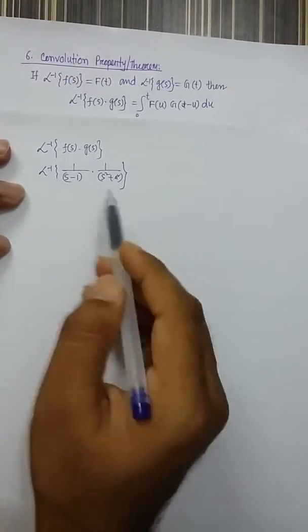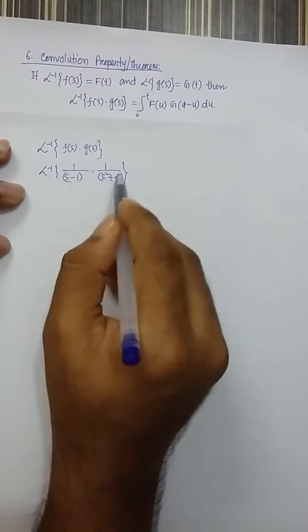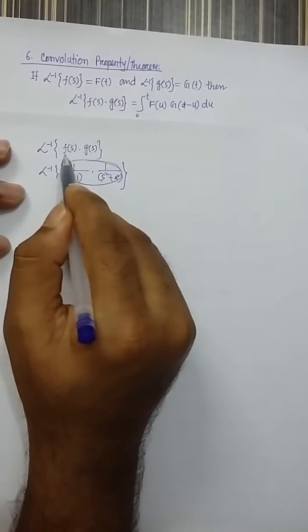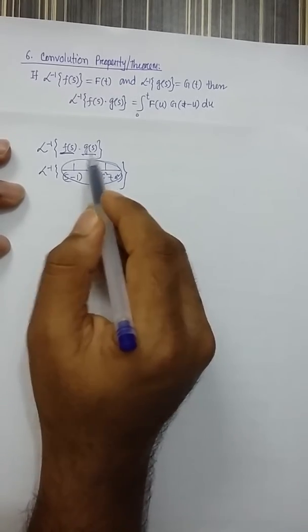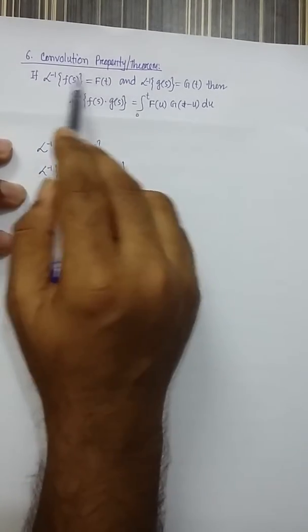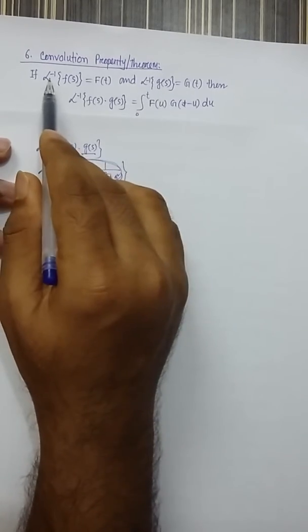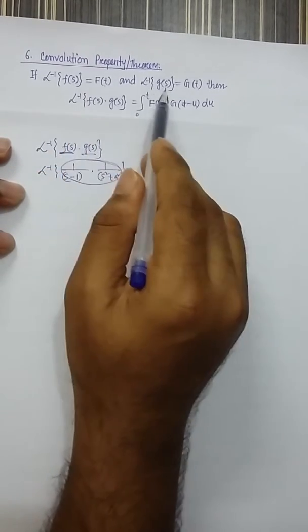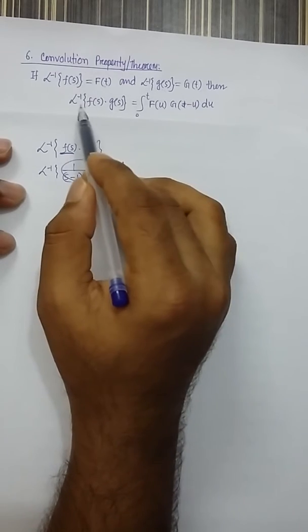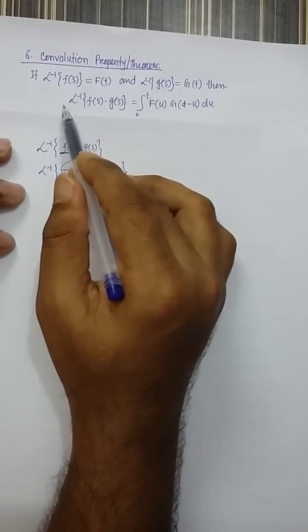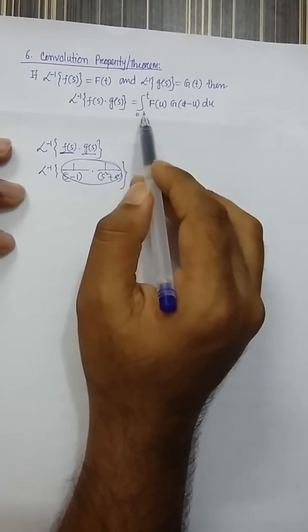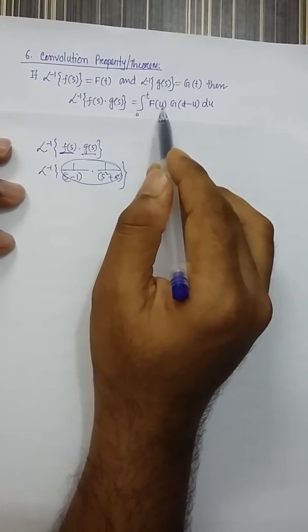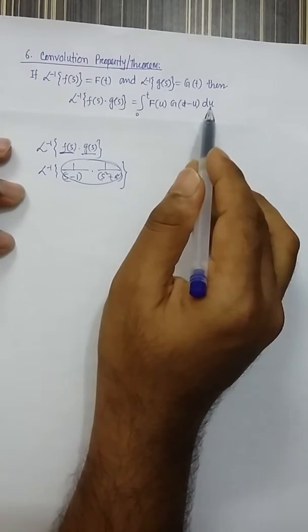If we make the given integral in the form where one function is f of s and another function is g of s, then this transform will be found by the convolution theorem. If L inverse of f of s equals f of t and L inverse of g of s is g of t, then the inverse transform of the multiplication of these two functions will be the integral from 0 to t of f of u g of (t minus u) du.